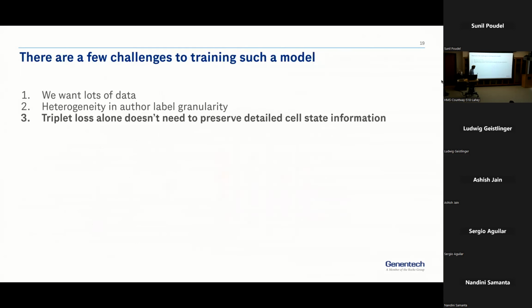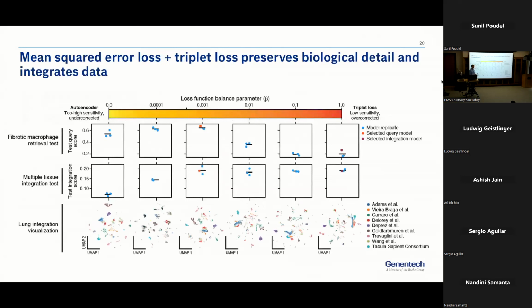And then lastly, this is maybe more detail than is needed at the moment. The triplet loss alone doesn't actually get us all of the way to where we want to go. So we add basically an autoencoder, giving a mixed loss function of our triplet loss plus a mean squared error.